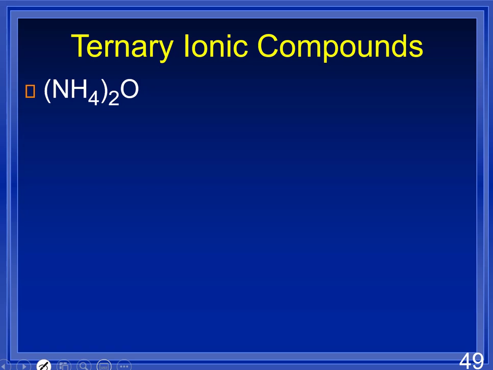And the NH4 is called, on the list, ammonium. Right there on the list, ammonium. And O is oxygen, but it's second, so it's acting like a negative, so that would be oxide.